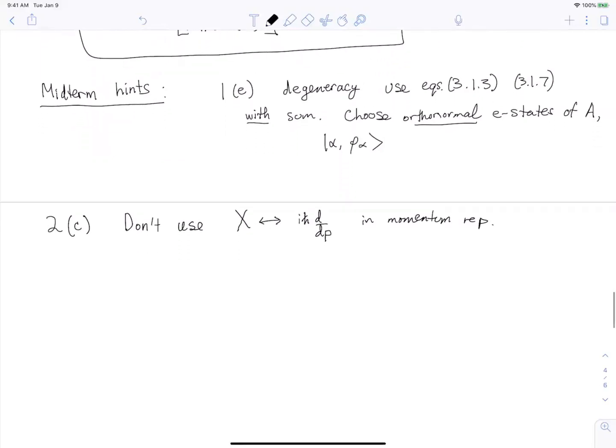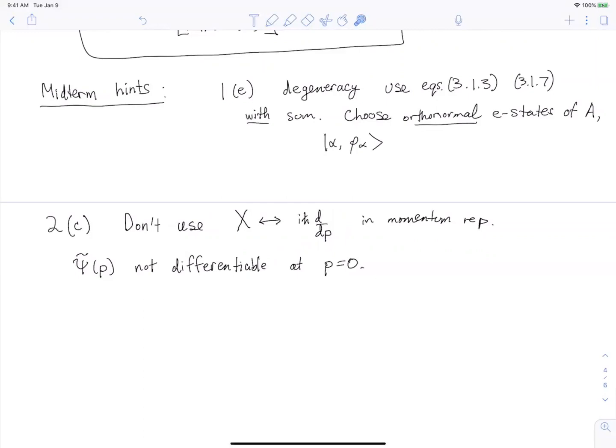The reason is because the psi tilde p that you were given is not differentiable. Specifically, it's not differentiable at p equals 0 because it had different expressions for p less than 0 and p greater than 0. So here's the problem. Because it's not differentiable, if you try to do an integral where you're plugging in this relation, the derivative is just not going to work. It's going to blow up when you plug that in.